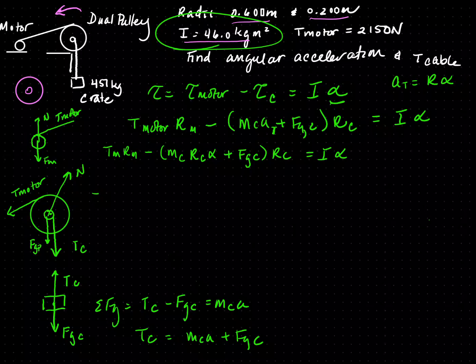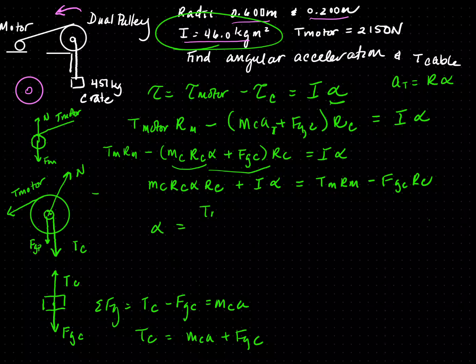When I do that, this becomes Mc Rc alpha times Rc. So I take this component and multiply by Rc, and I moved it to the other side, so that becomes plus I alpha. And on the other side, we're going to have this minus Fgc Rc. Now I'm going to solve for alpha by taking out alpha.